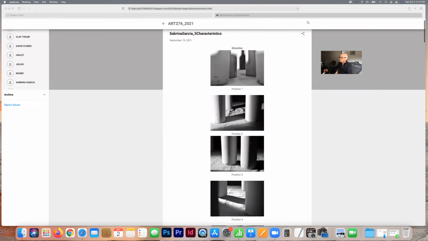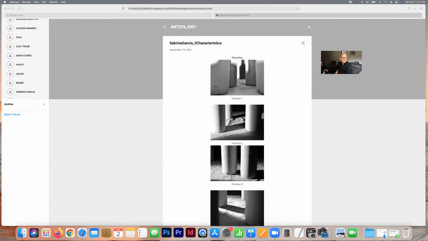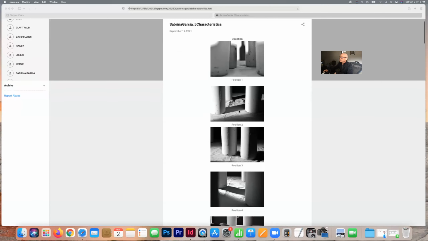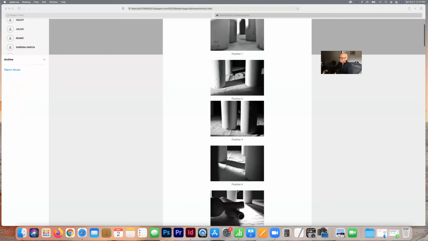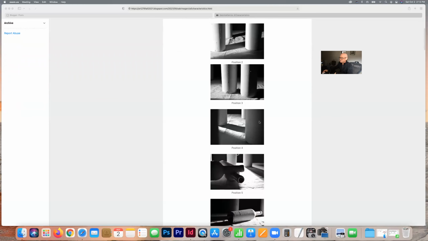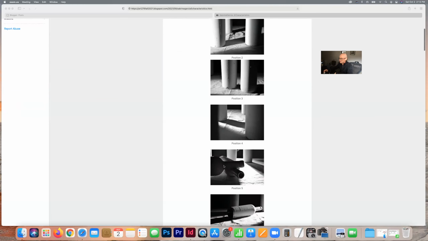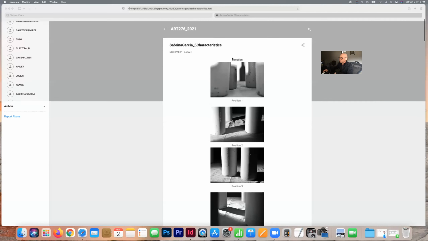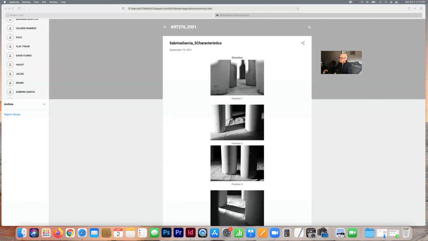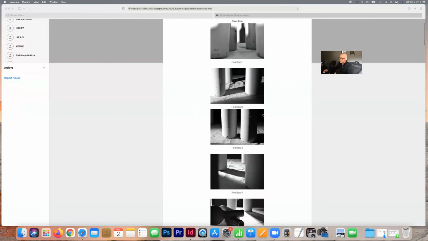Then I'm looking at effectively composition, and that's where we really have to kind of open up and start talking about them. So this being your direction, you've got position 1 going on here, then position 2, position 3, and you can see the light sort of turning. So it looks like you've got a pretty good handle on that. Position 1, where the light is in the front, you're slowly moving around the table and the light is moving with you.